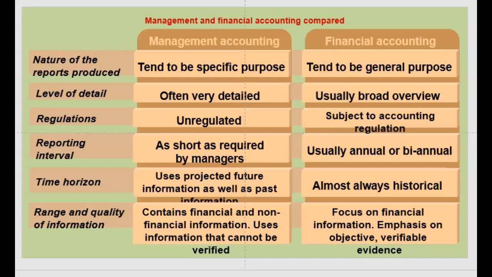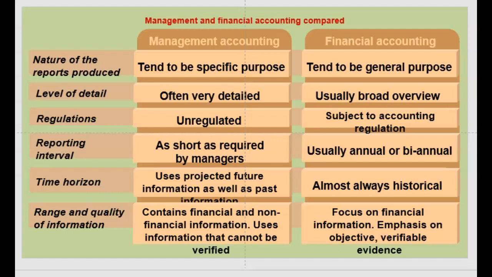Whereas financial accounting is to report back in general. It's subject to regulation because we don't want two different companies reporting different things that could confuse the general public as well as the investors, and it could also be used to manipulate something. Normally annually or biannually for large companies. In the US, it's sometimes quarterly.